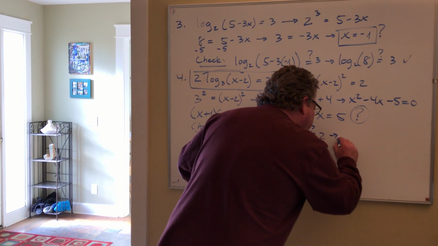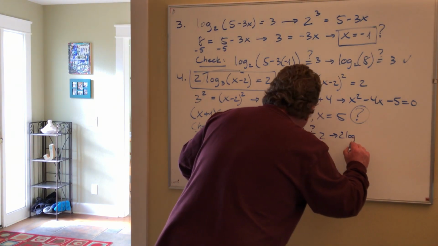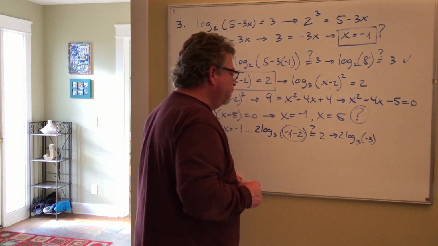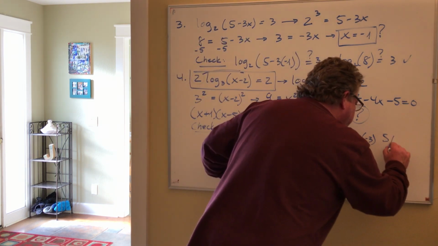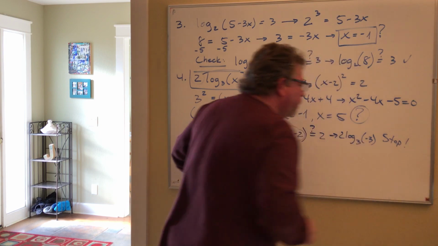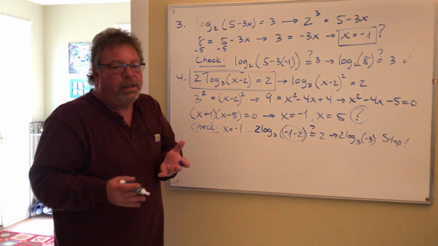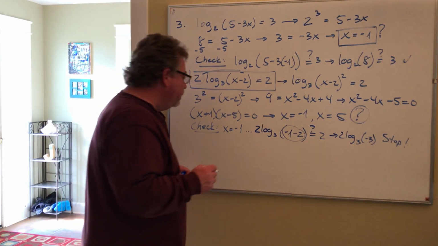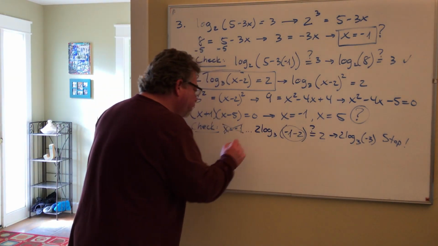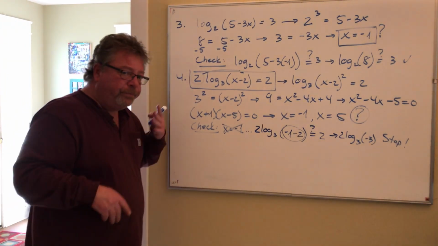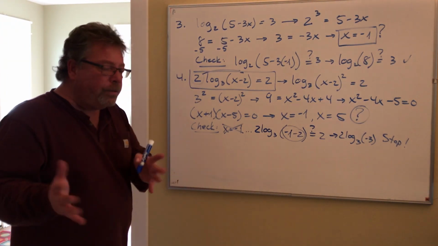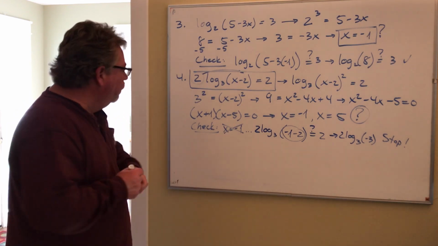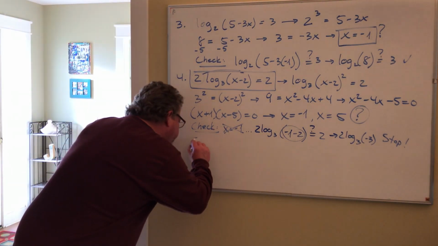And so this will become 2 times the logarithm base 3 of negative 3. And I'm just going to stop right there, because in this course, we're not dealing with logarithms of negative numbers. So what that means is that x equals negative 1 is not a solution. It's extraneous for us. Let's check the other value.